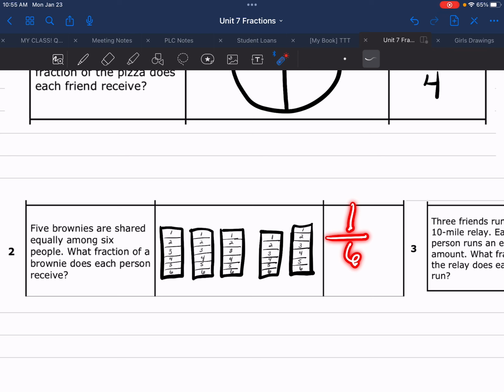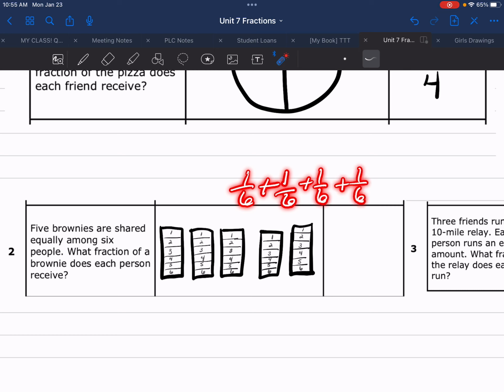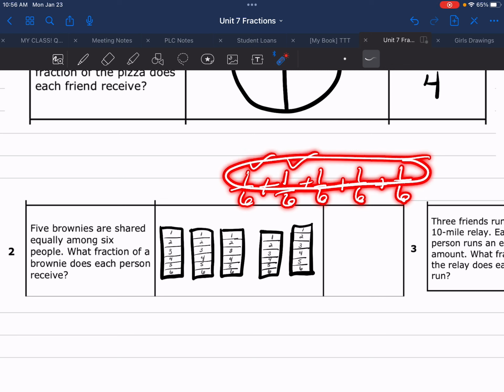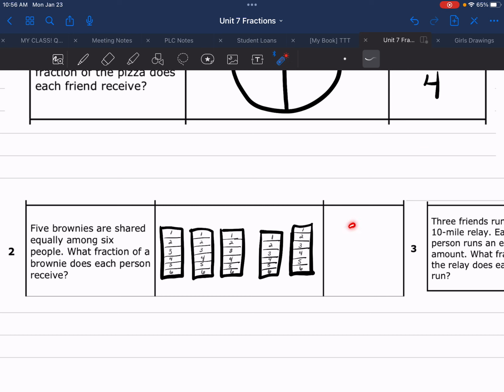So if you add 1/6 plus 1/6 from this second brownie plus 1/6 from the third brownie plus 1/6 from the fourth brownie plus 1/6 from the fifth brownie, how many sixths do you get? 1, 2, 3, 4, 5. You get 5 sixths. So each person is going to get 5/6 of the brownie.